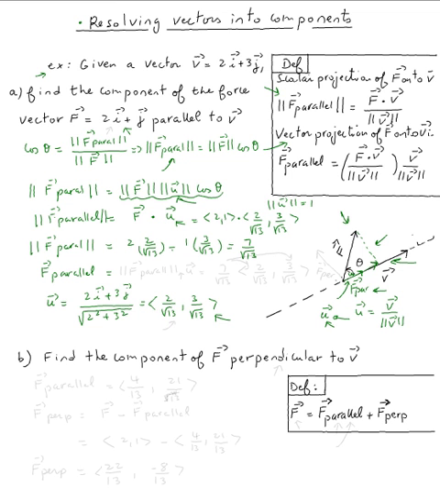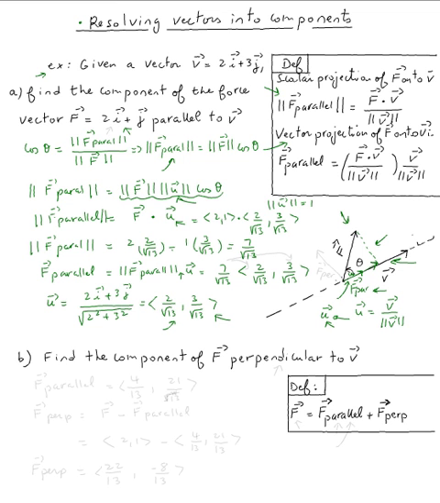But we know that a vector is the norm of the vector times a unit vector in that direction. So F parallel will be 7 over square root of 13 times, and this is scalar multiplication, the vector u, which is already given, (2 over square root of 13, 3 over square root of 13). We're done.